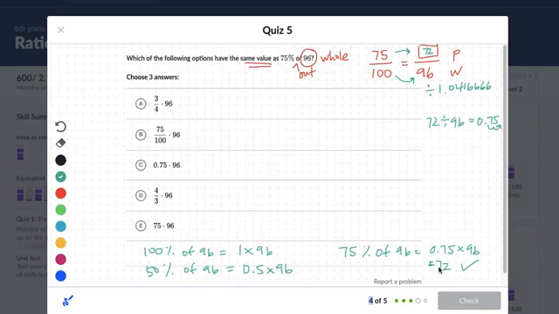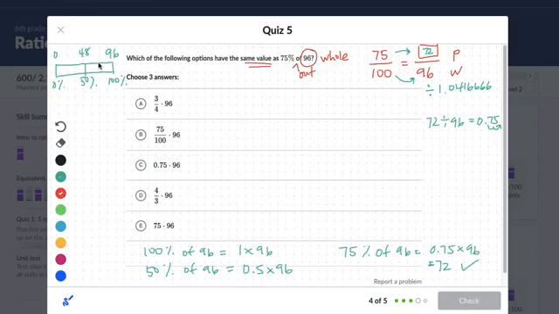If you wanted to use the tape diagram method, you can totally do that as well. 75% of 96, so that means 0% matches up to 0. 100% matches up to our whole, which is 96. So half of it would be half of 96, which is 48, because all you did was take 96 divided by 2.